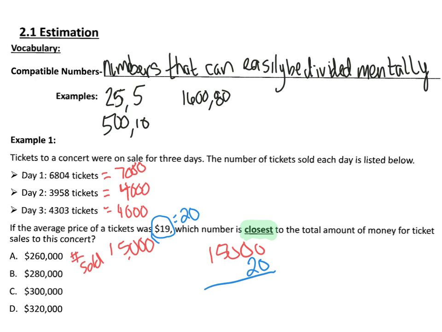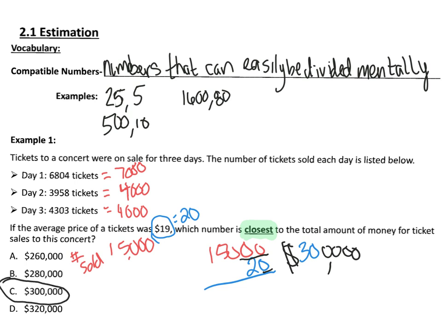Okay, now I know 15 times 2 is 30. And then since we have 1, 2, 3, 4 zeros, I'm just going to add them at the end. So my answer is $300,000. Okay, so my answer is C.